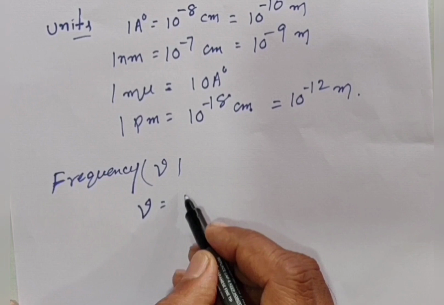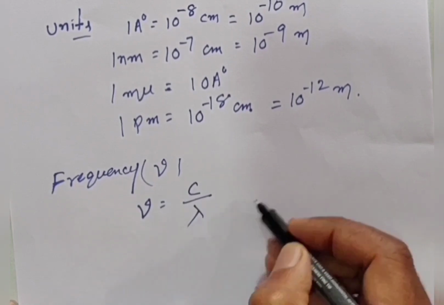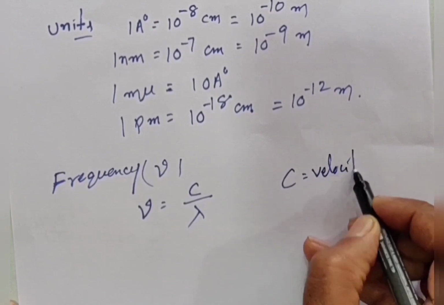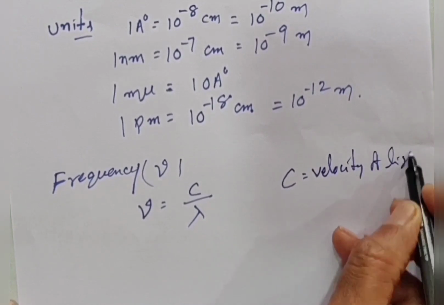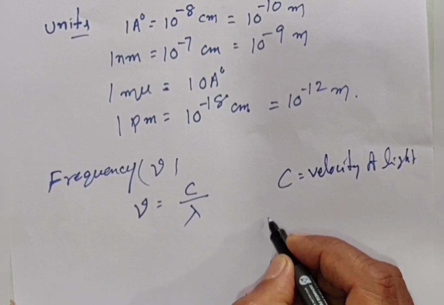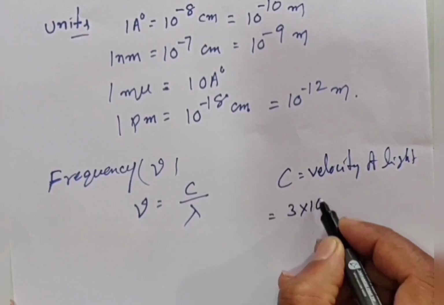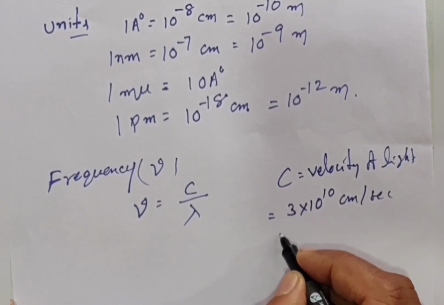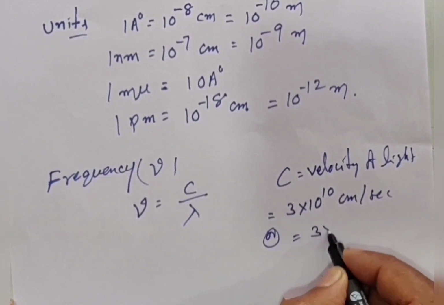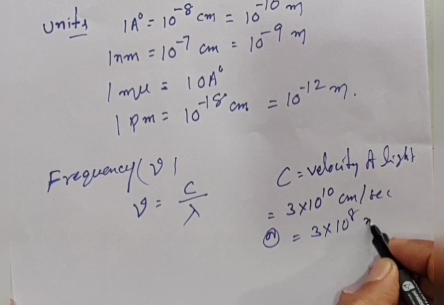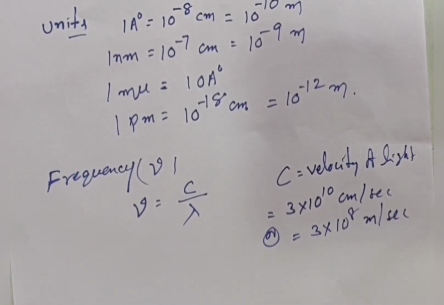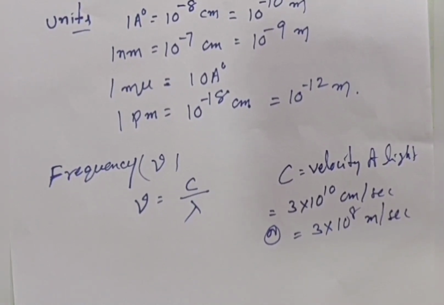Nu is equal to C by lambda, where C is the velocity of light. Its value is 3 into 10 power 10 centimeter per second or 3 into 10 power 8 meter per second. You have to remember these values, dear students.